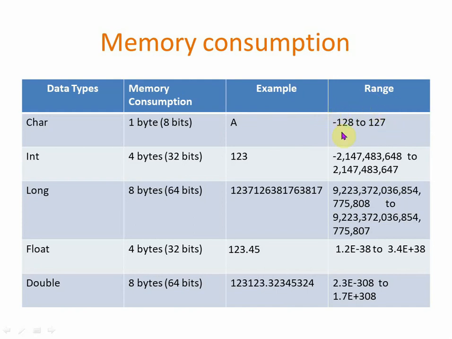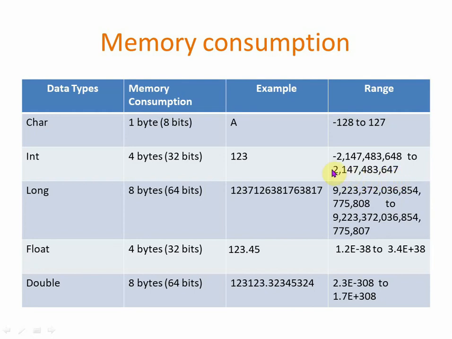I'll explain how to convert this into int. Int consumes 4 bytes. 1 byte equals 8 bits, so 4 bytes equals 32 bits. An example of int is 123. The maximum value of int can be 2147483647. You cannot exceed this.